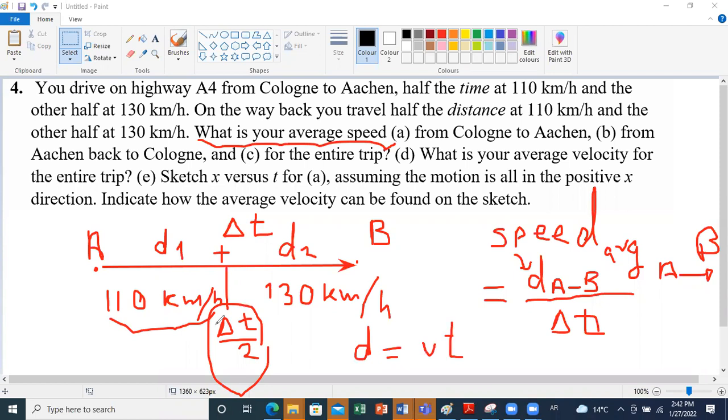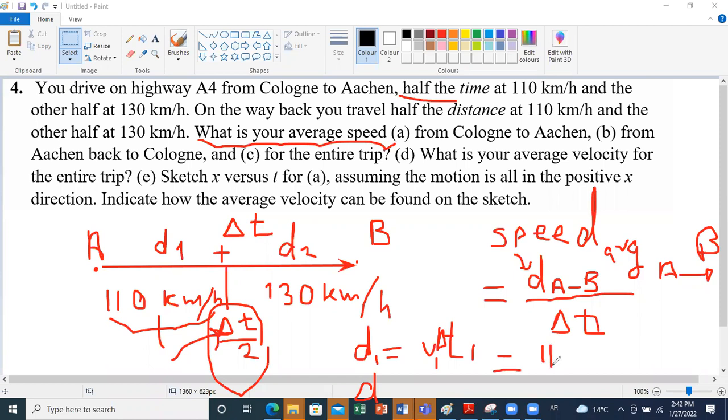So here, what is the time of phase 1? We said that the total time of traveling from A to B is divided into two halves. In the first half, delta t over 2, the speed is 110. In the second half, the speed is 130. So I can write that d1 is equal to v1 times delta t of phase 1, and v1 is 110.